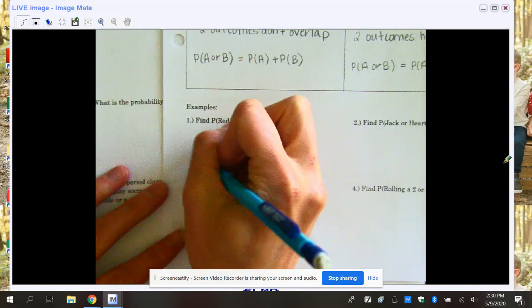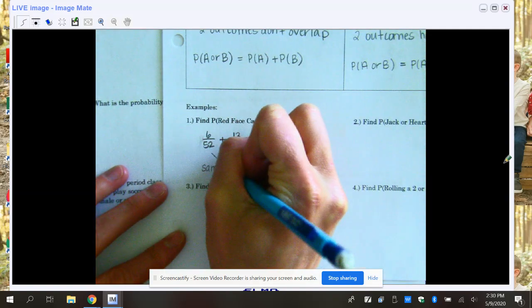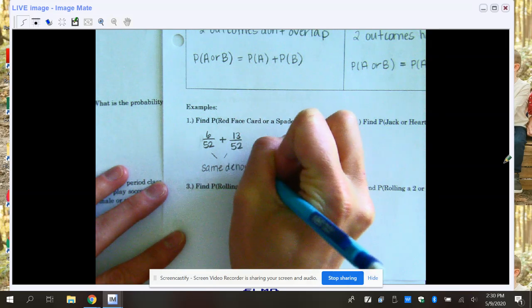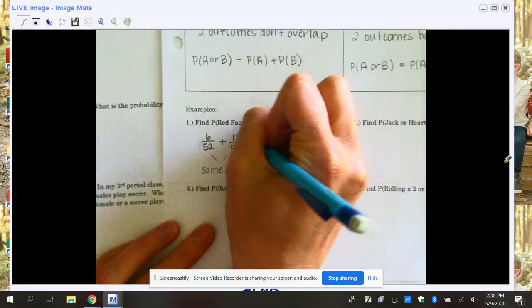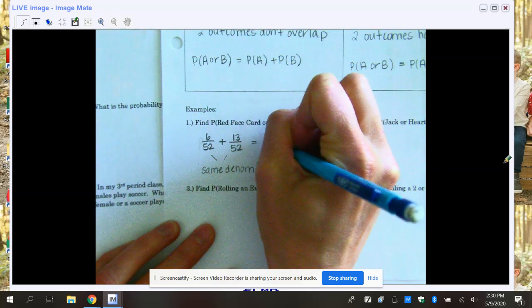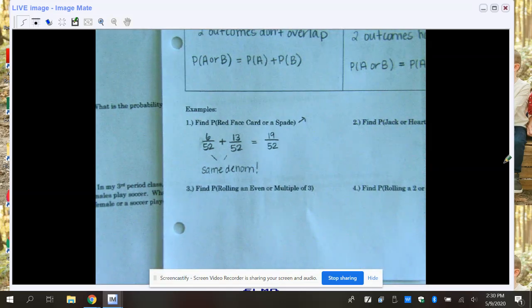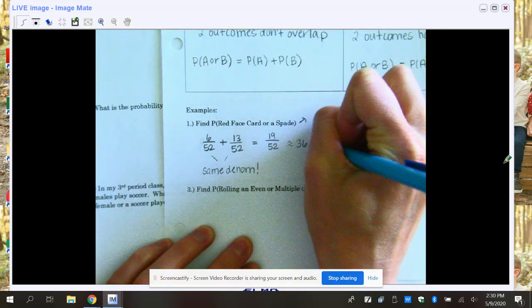However, remember when you add fractions, you need to have the same denominator. So you actually do not want to simplify, or else you're going to have to just multiply it back out to get the denominators the same. So when I add those together, that's going to give me 19 out of 52. So there are 19 out of 52 cards that are either a red face card or a spade. And so that would be my probability, which is about 36.5%.